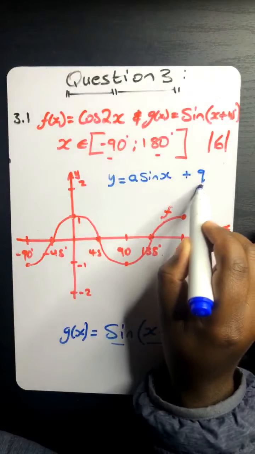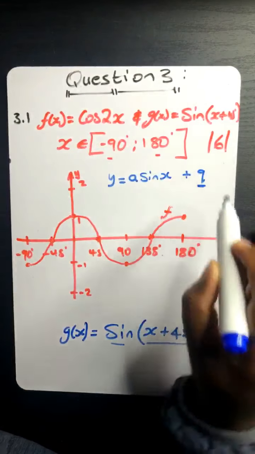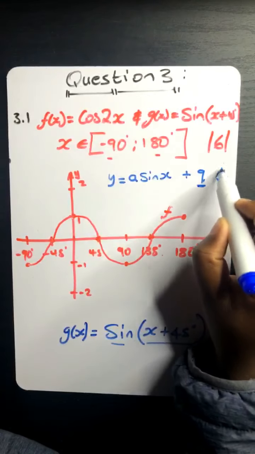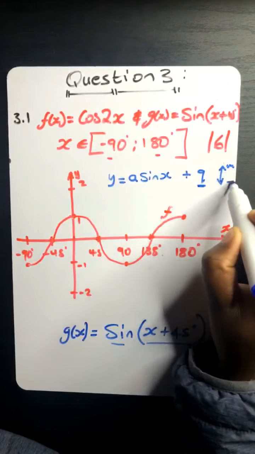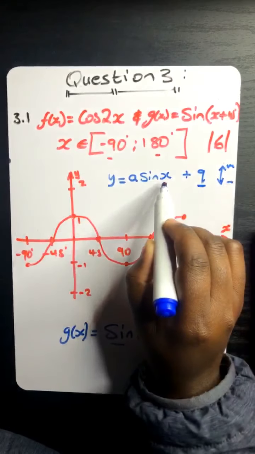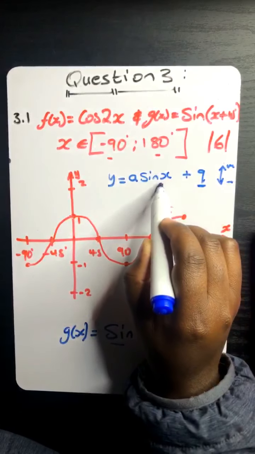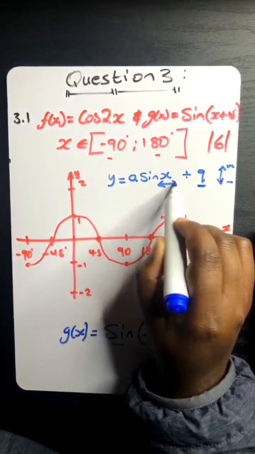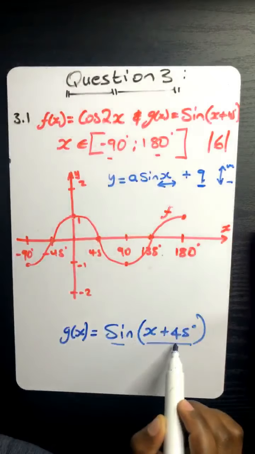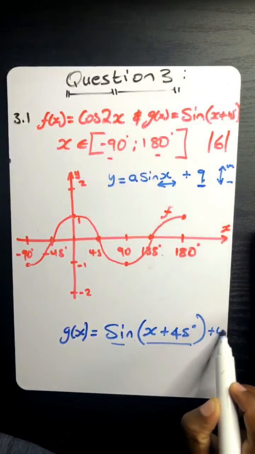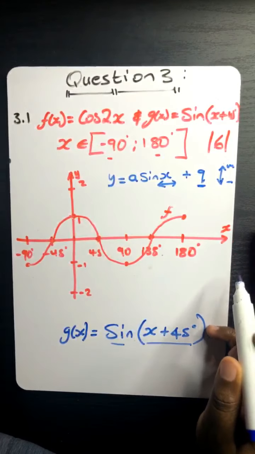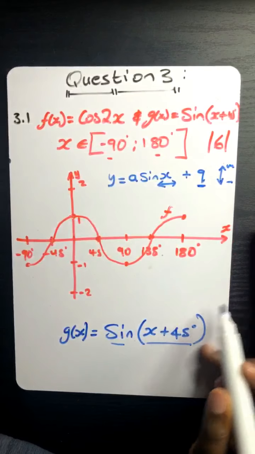We know that this q influences the vertical shift, meaning the function can shift up or down. But how does it shift sideways? That's if we tamper with that angle. Can you see in this case? We do not have any vertical shift. It is 0. That is why nothing is written over there.